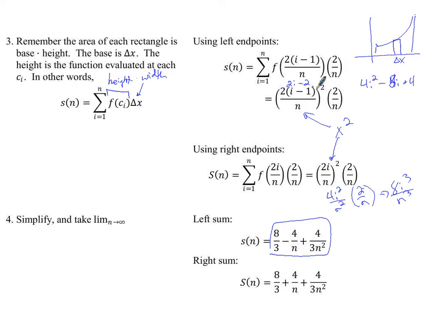So I distributed that in, and then I'm foiling the top. Okay? Divided by n still, squared, thank you, times the 2 over n. That's still outside. So I distribute that in, and now I have 8i squared minus 16i plus 8 over n to the third.